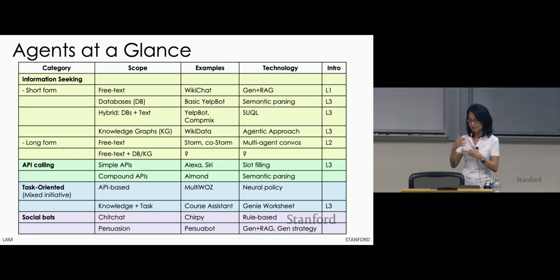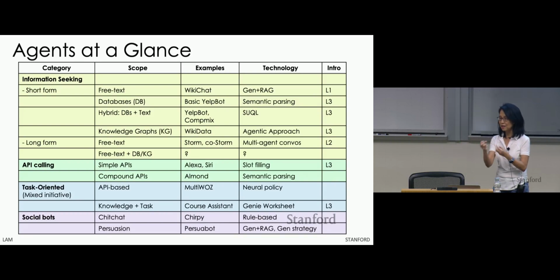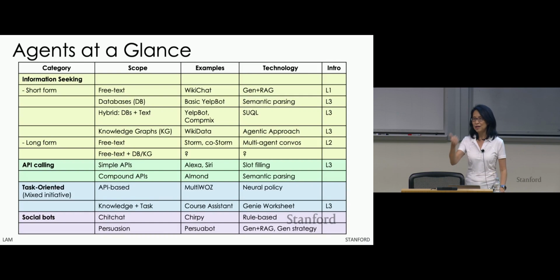If you look at an agent, what it has to do is read the information and then perform the actions and so forth. So there is the parsing, and then there is the action. And in MultiWOZ, a lot of work goes into using a neural agent policy.